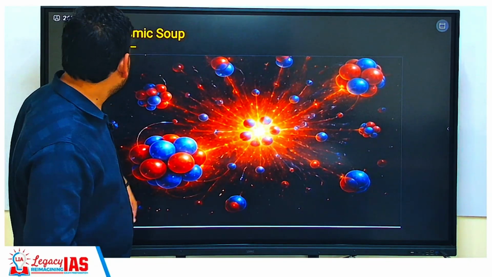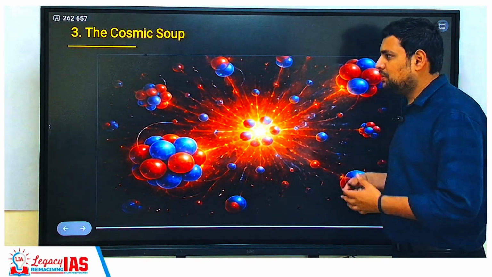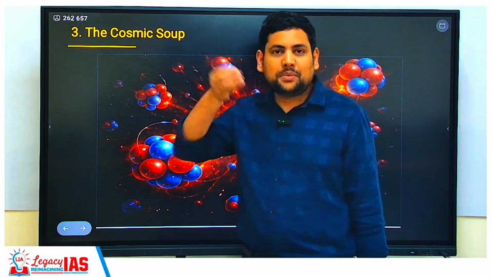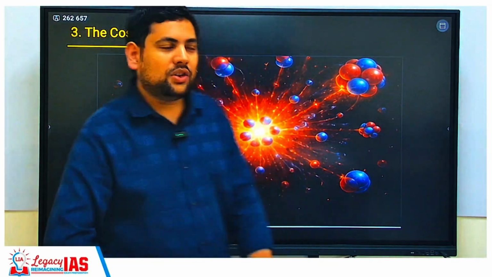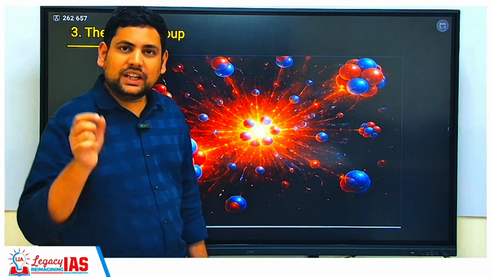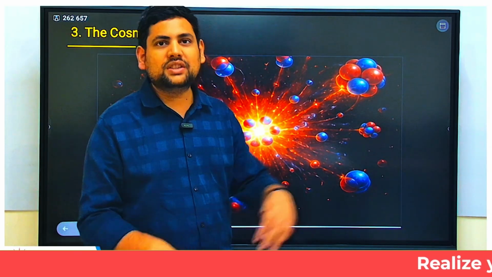Okay, now after cosmic inflation, then you had the cosmic soup. Now, what is cosmic soup? So, understand, the initial particles, okay, quarks, gluons, all these actually combine to form the first neutrons and protons. Now, see, the electron is a fundamental particle, while the neutron and proton are formed using some other particles.